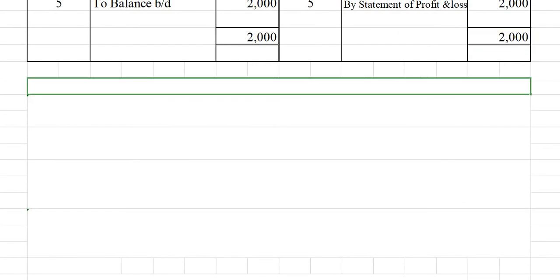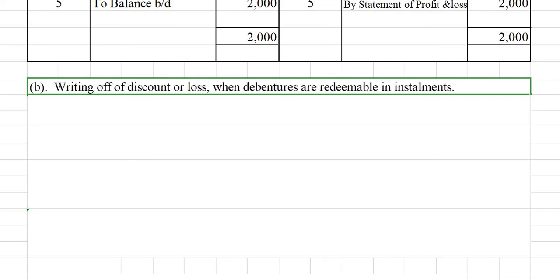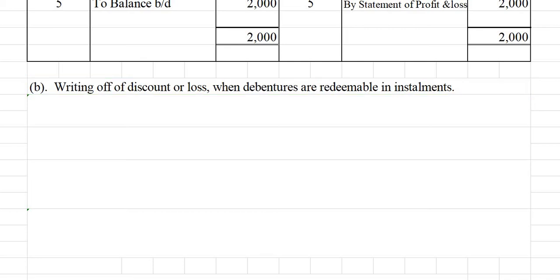Now let us see the second option. Writing off discount or loss when the debentures are redeemable in installments. How will you write off the discount if the debentures are redeemable in installments? Now we are going to redeem the debentures in installments. In that case, how will the discount be written off?